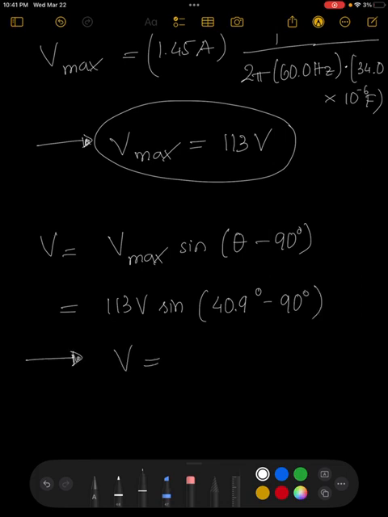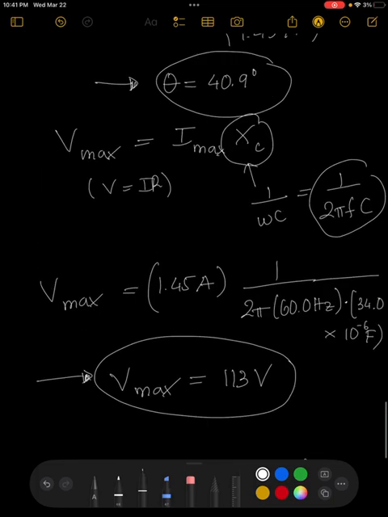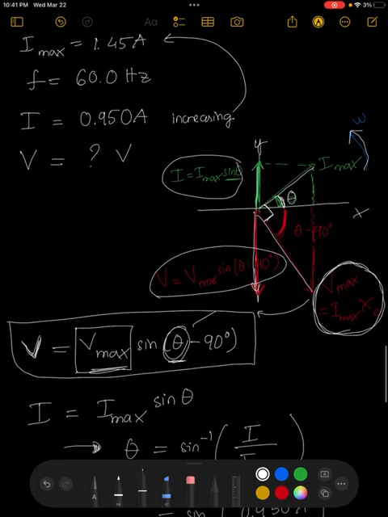Therefore, the instantaneous voltage at the moment is going to be negative 85.4 volts. So we can see in the phasor diagram that our current is positive and increasing in magnitude, whereas the voltage is negative and decreasing in magnitude. So one is counterclockwise and one is going toward the clockwise direction.